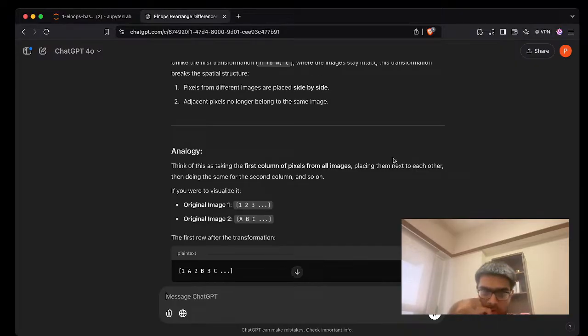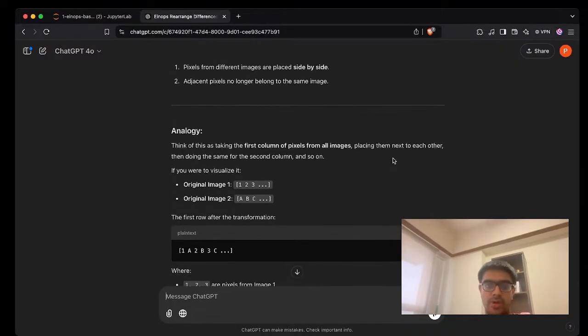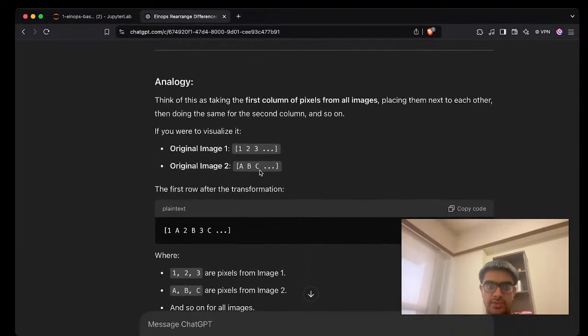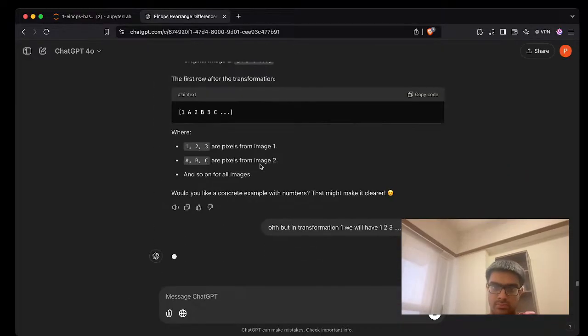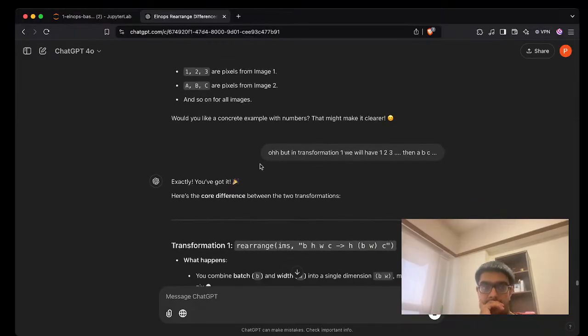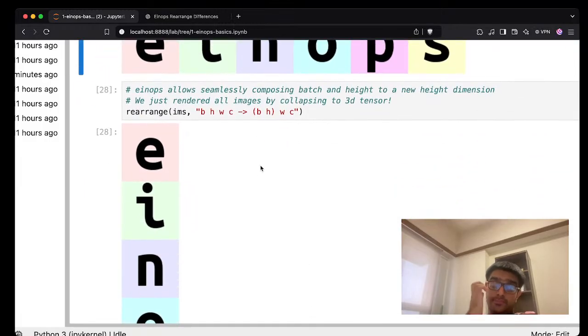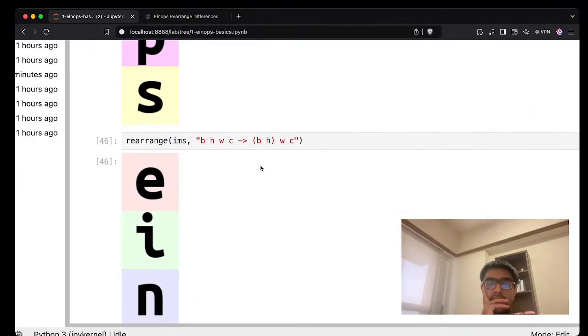So the original image 1 will have 1, 2, 3. Okay, got it. I see what is happening.